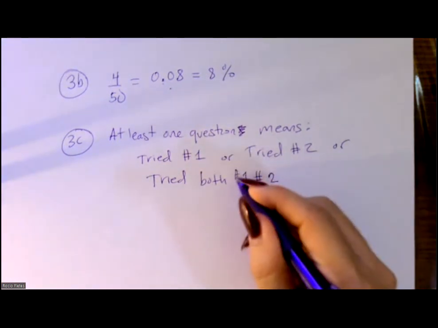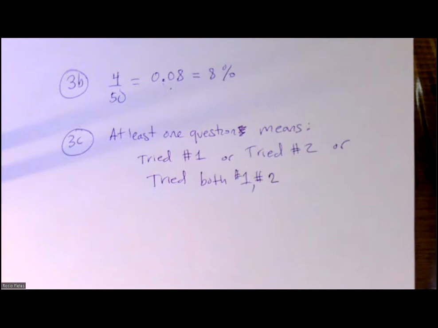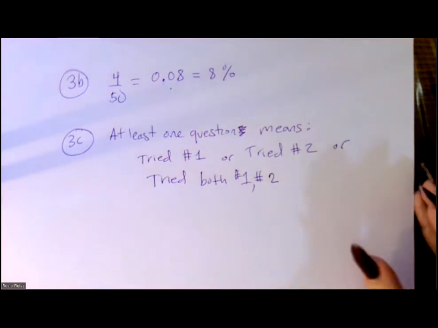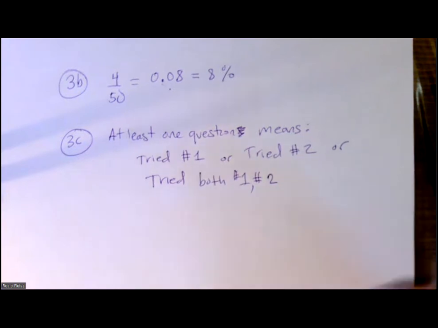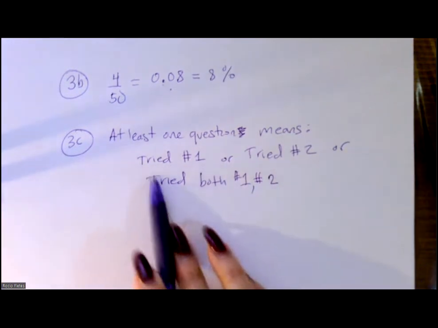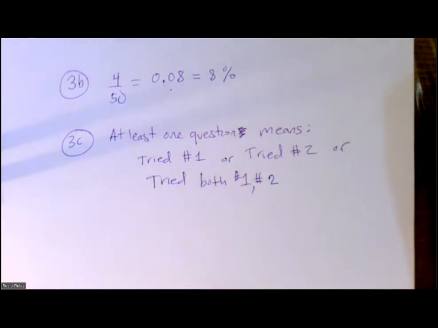So they tried at least the first one or the second one, or they did both. So we have to add all of these percentages together. So we have to look at how many people tried.